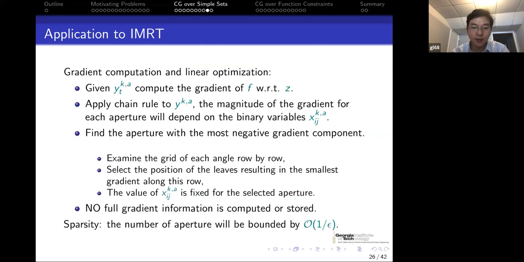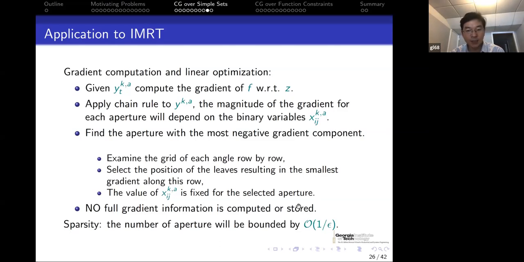In that way, we fix the binary variables x_ij for the selected aperture. So in this way, we do gradient computation and linear optimization simultaneously. We don't need to compute the full gradient information. So this algorithm can be implemented efficiently, even though the number of decision variables is 45 to the power of 10 or something like that.